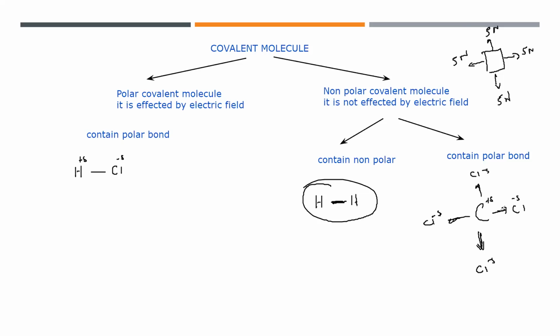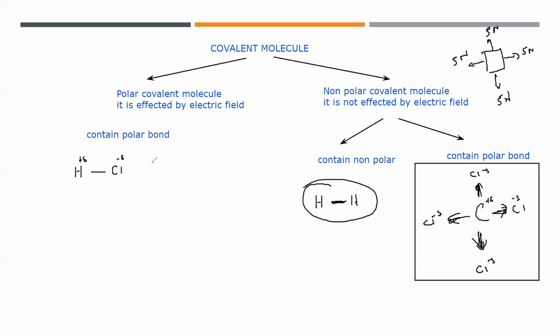Same thing here: each chlorine is trying to attract the bond pair and the resultant distribution is 0. So these bonds are polar, that's right, but the resultant molecule is non-polar, so it will not be affected by electric field. So we check the type of bond and the geometry of the molecule to identify whether it will be polar or non-polar.